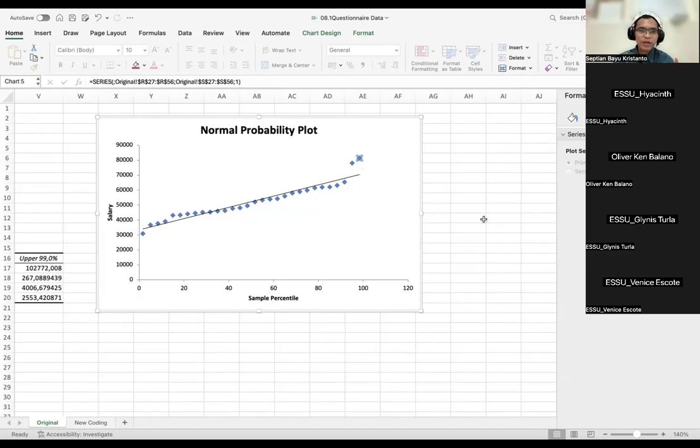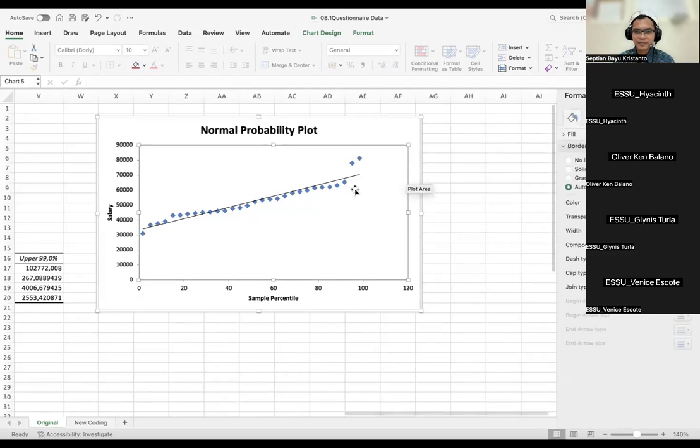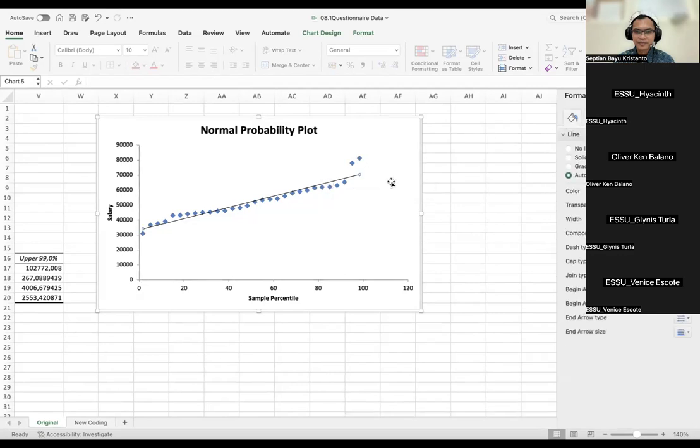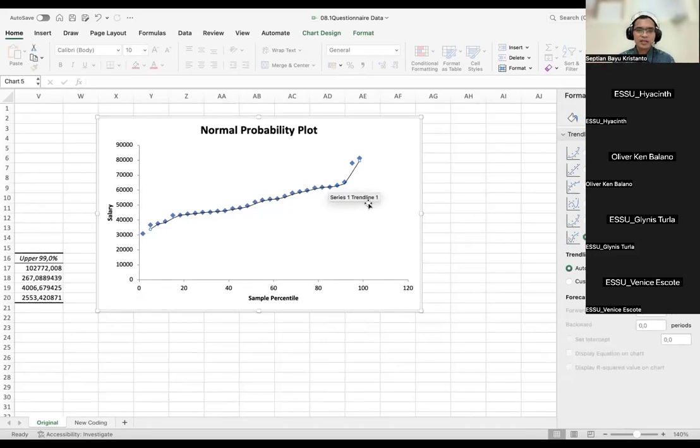If you believe you have a linear trend like this one, you need to ignore or exclude the two outliers. But if you think that they are in moving average positions, we can include all of the data, including your outliers. So we can find that there is non-linearity.